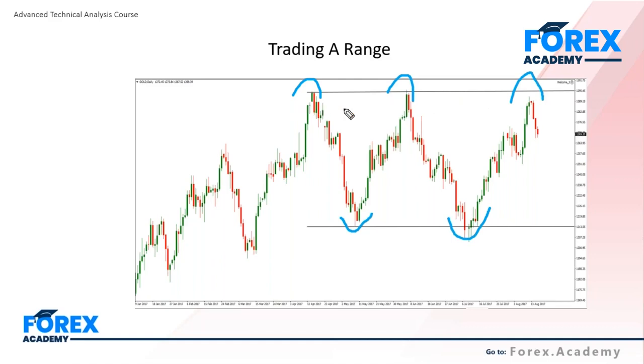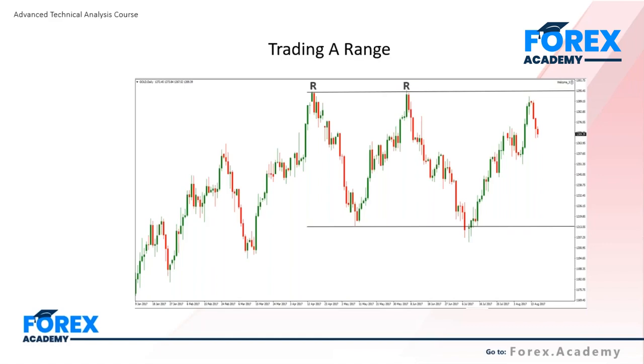Once you've made that observation, you can establish that the market has defined a range, and you can clearly identify the range by simply drawing what you would determine to be your best fit line with respect to the upper end of the range as well as the lower end of the range.